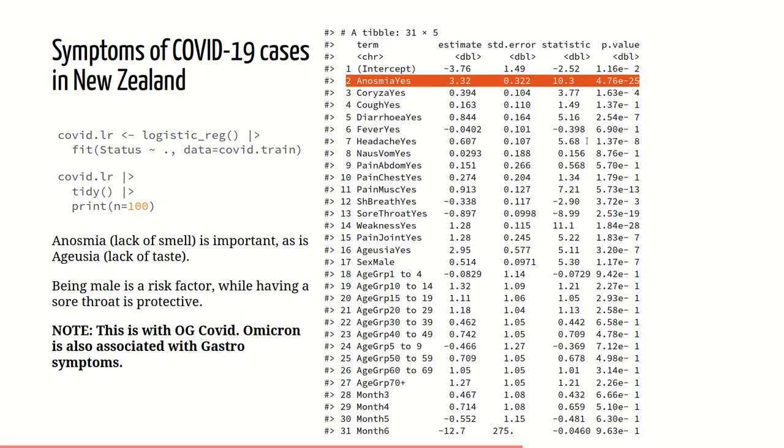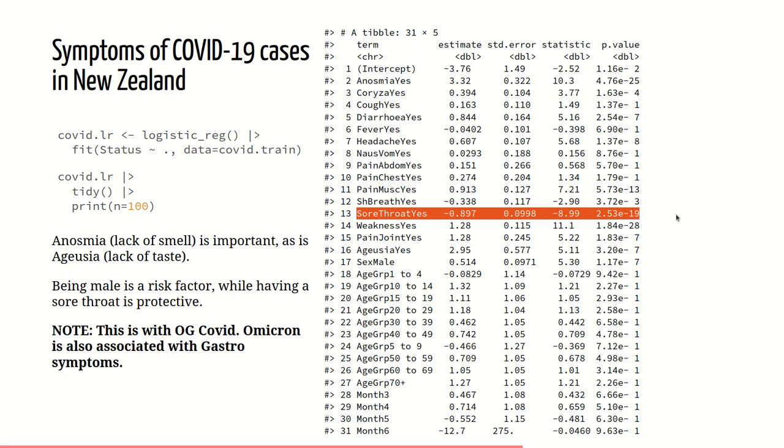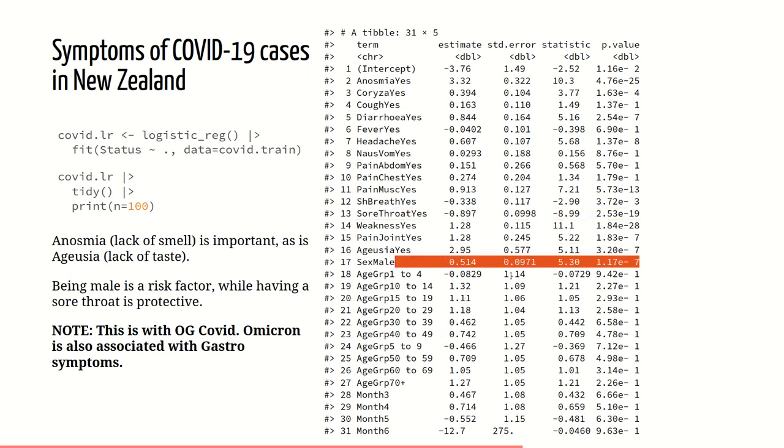So let's have a look down here. If you've got a sore throat, then you're actually less likely to be a case, simply because more non-cases said they had a sore throat. If you're a male, you're more likely to be a case. Right, that's a positive number there, so you're more likely to be a case.